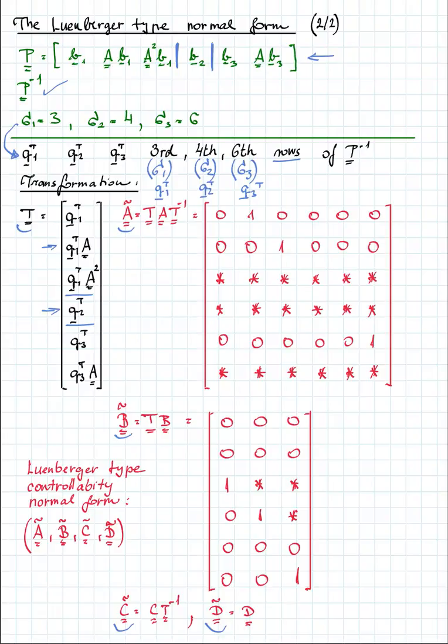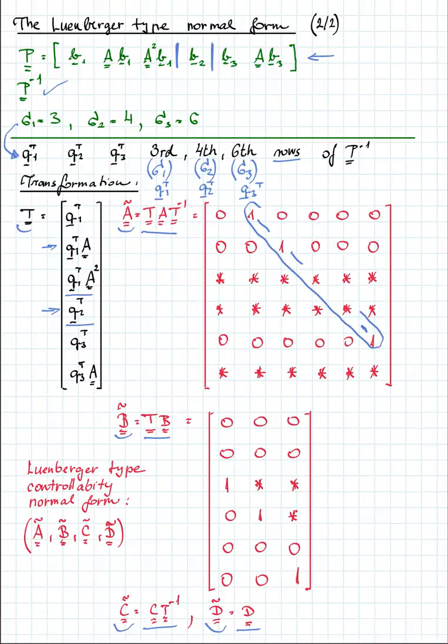It is well known that A tilde is T A T inverse, B tilde is TB, C tilde is C T inverse, and D tilde is equal to D. And if we use this transformation matrix, we are going to get a very interesting formulation of the elements of the system. So if we get A tilde, we are going to get an A tilde matrix as follows.